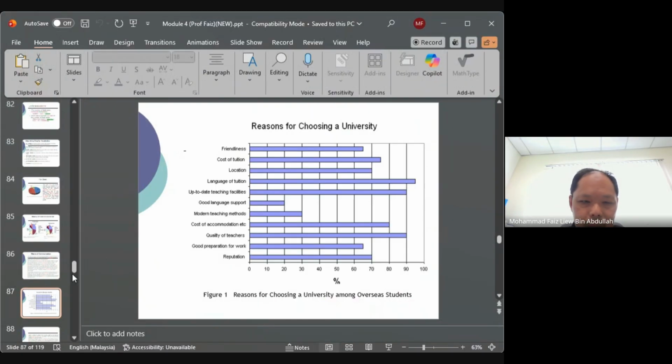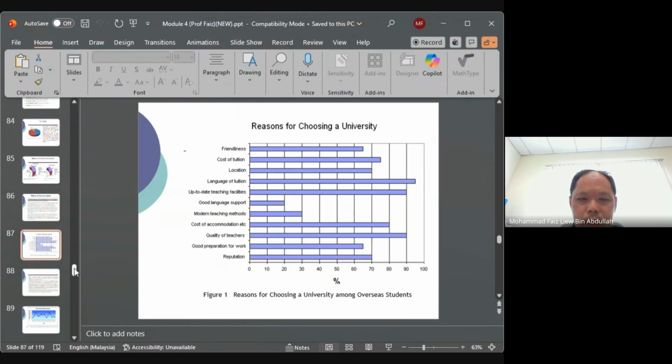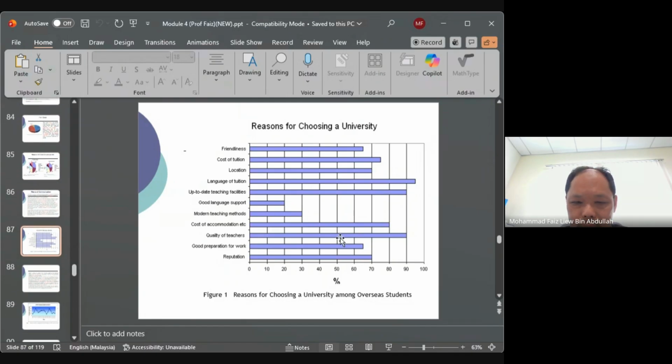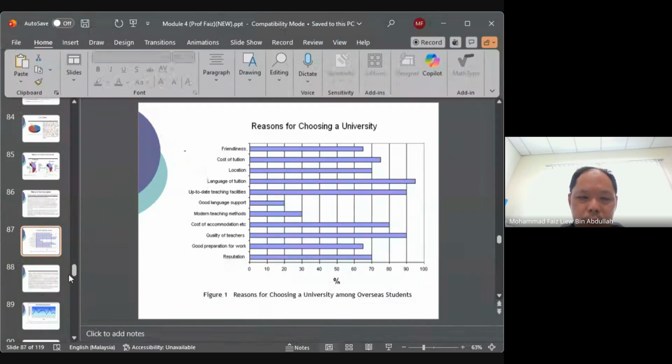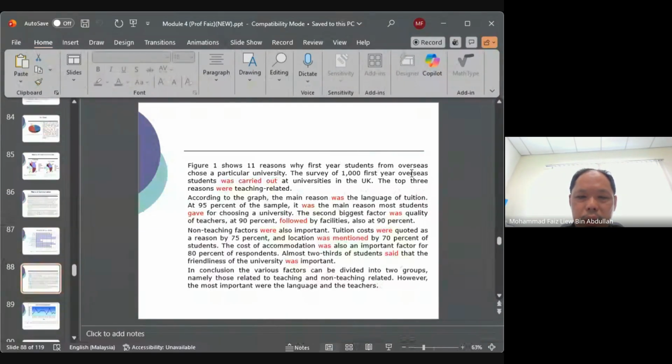And then there's another graph, like this one, reasons for choosing a university. This is a bar chart. We can see Figure 1 shows 11 reasons why students from overseas choose a particular university, from a survey of the first 1,000 overseas students carried out at universities in the UK.